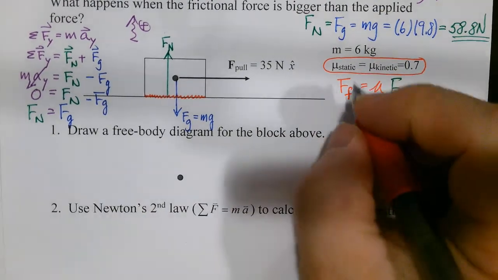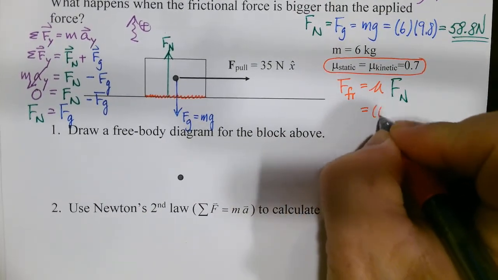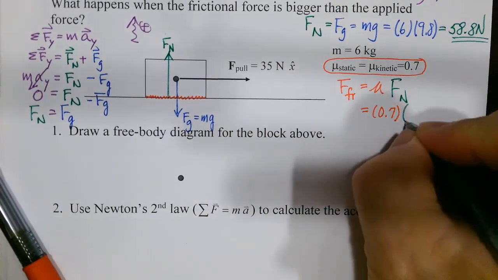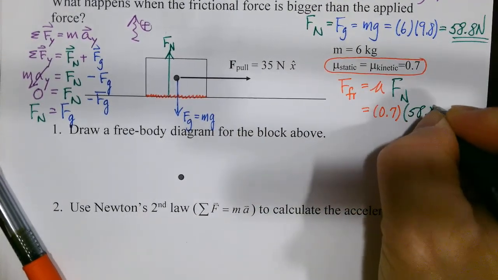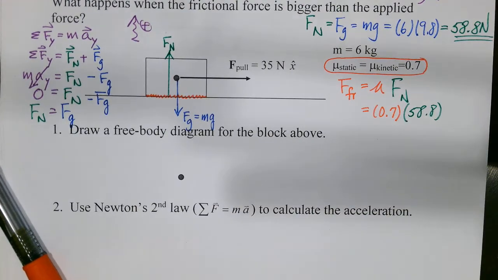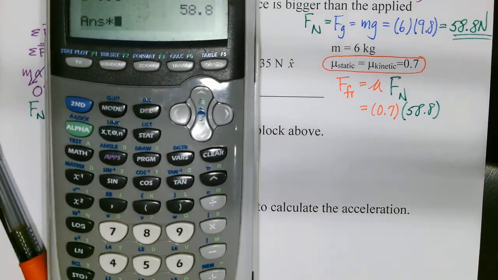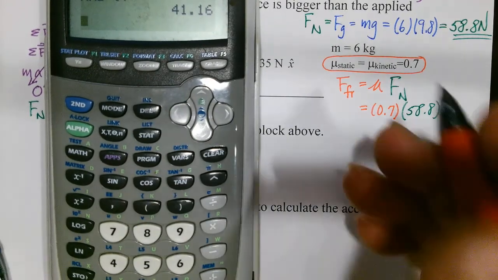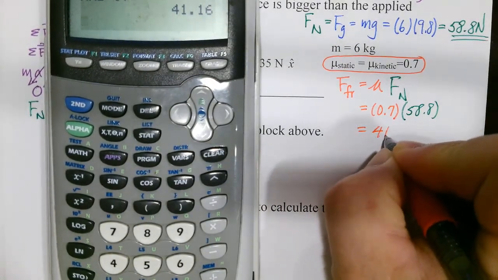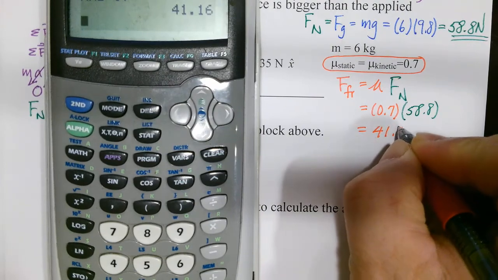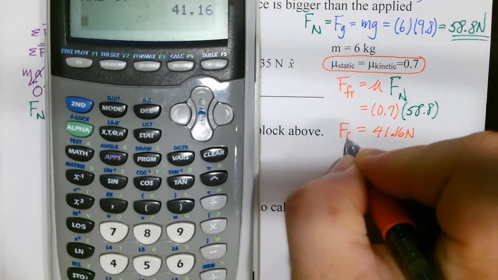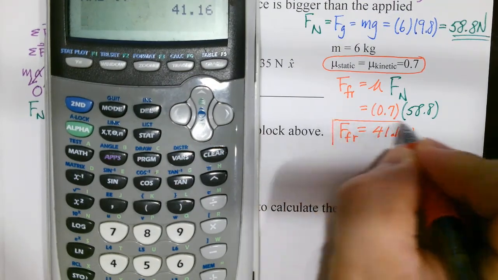My friction is equal to 0.7 times the normal force of 58.8. So what is my friction? My friction comes out to 41.16 newtons.